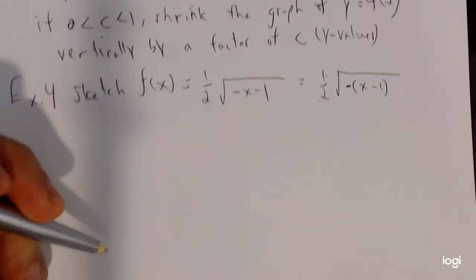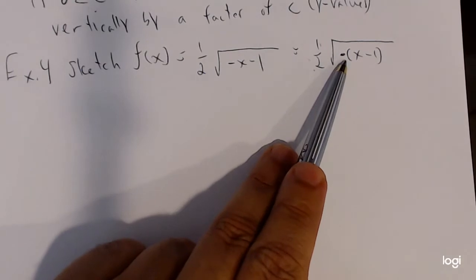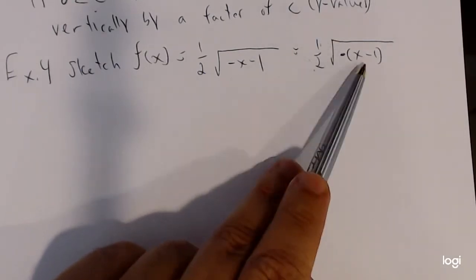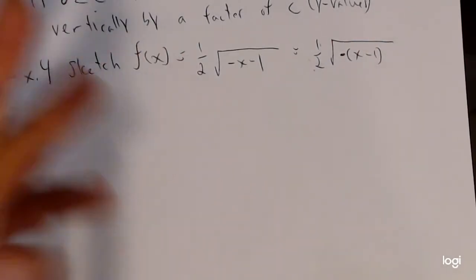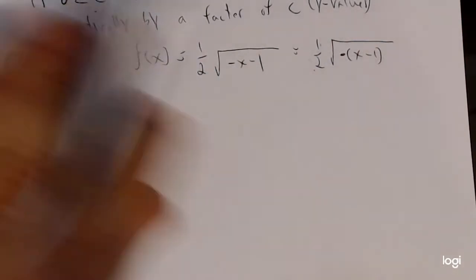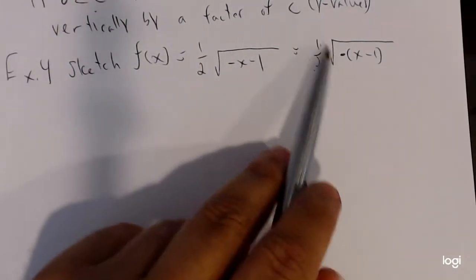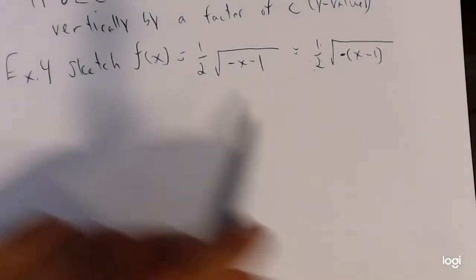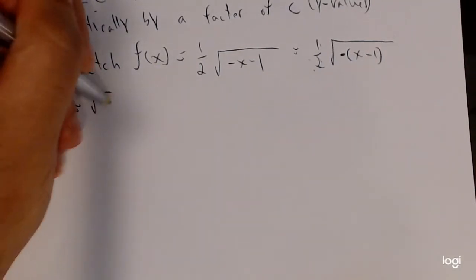So if you remember, we always want to do reflections first, and I always leave my vertical and horizontal shifts to the end. Shifting things left and right, up and down, I always leave that for the end. So what's the parent function we're going to start off with? Well, it's the square root, isn't it? So we're going to start off with f of x equals square root of x.